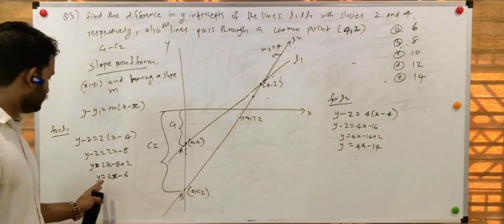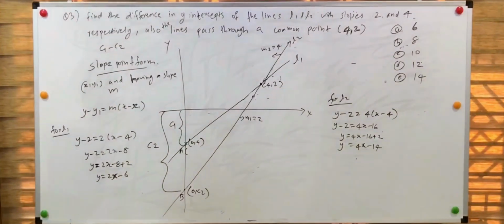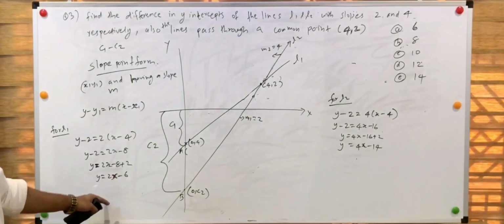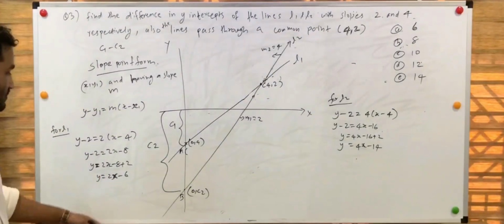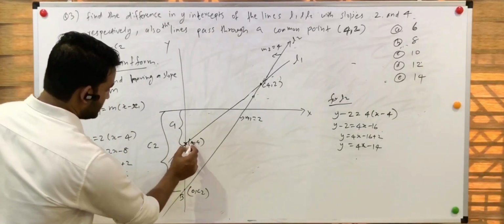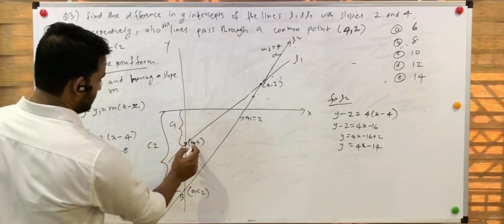Now we have got two straight lines. From here we can find the y-intercept in two ways. The coordinates of the point are (0, C1).